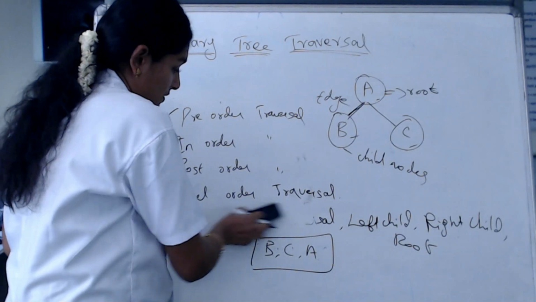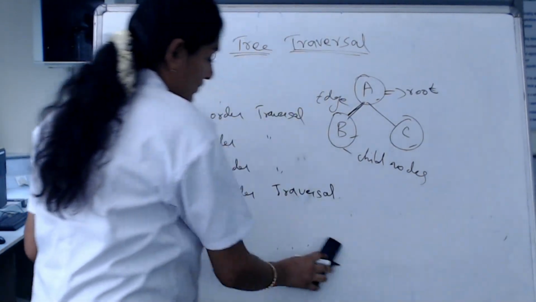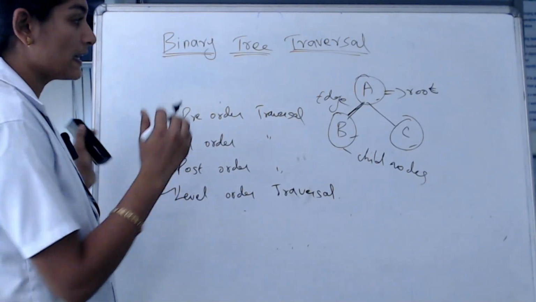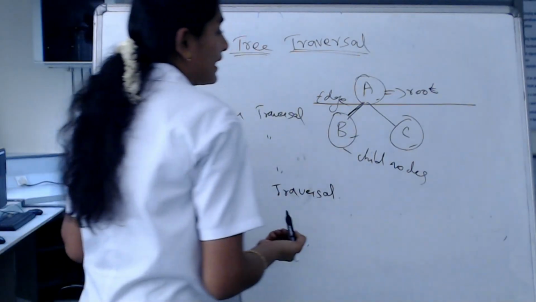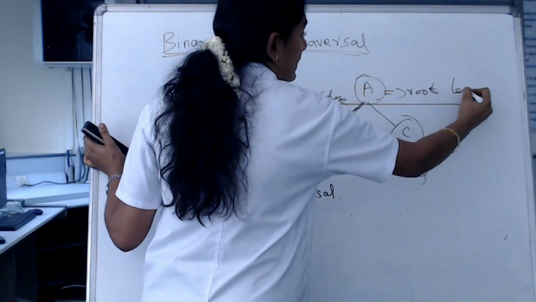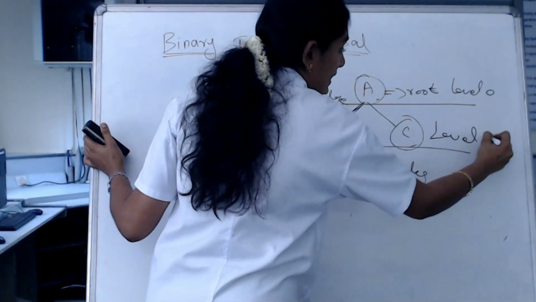Next, let me explain level order traversal. Level order traversal means level by level traversing. Here we can split the tree like this. This is called level 0 and this level is denoted as level 1.